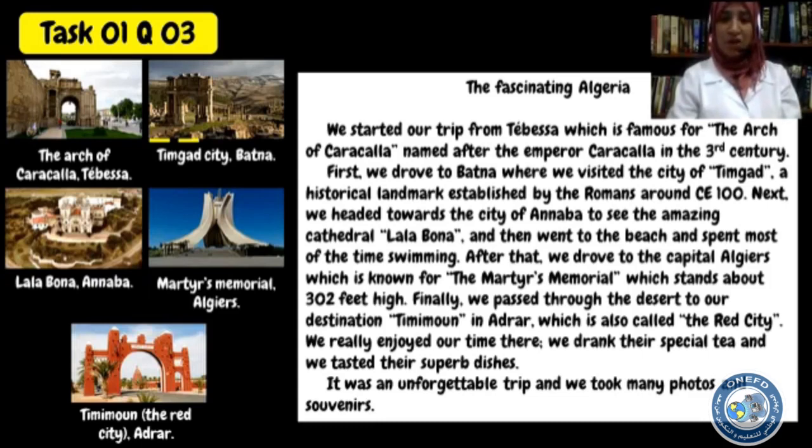We really enjoyed our time there. We drank their special tea and we tasted their superb dishes. So all this is a development. So this is a description of the route you followed during your trip, and it is a description of the famous landmarks you have visited and the famous figures you knew in your trip.